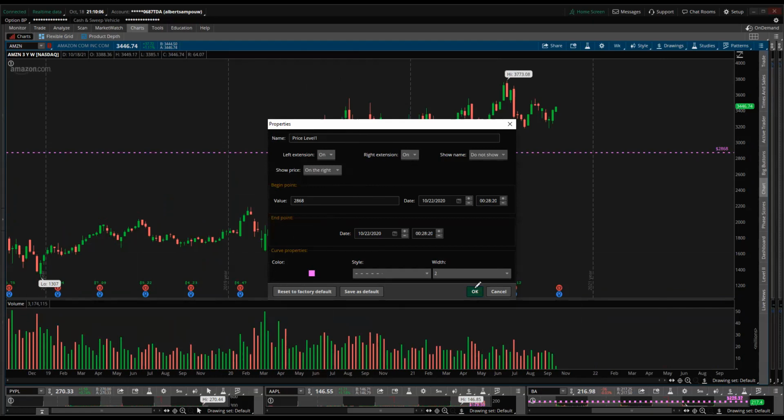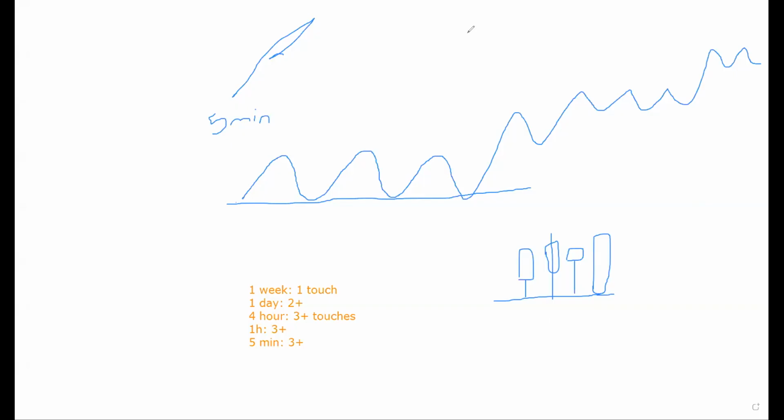Okay. Now, before I continue, let me brush you guys up on candlesticks, right? How they work. Let's say you have a candlestick like this, right? Let's say this is a 5-minute candlestick.